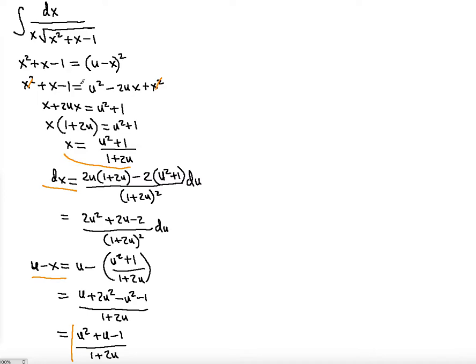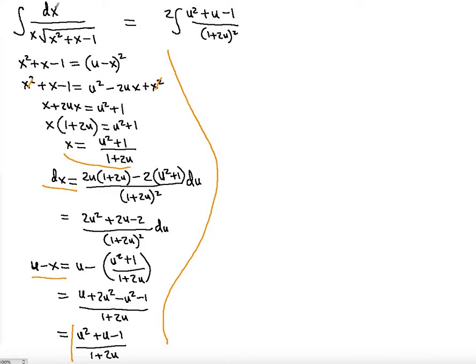Okay, so let's separate this part because we're not going to need it anymore. This is not work, this is just substitutions. So the dx is going to be, let's factor out the 2, since there's a 2 in each of the terms here, so we can factor it out: 2 times u squared plus u minus 1 over 1 plus 2u squared.